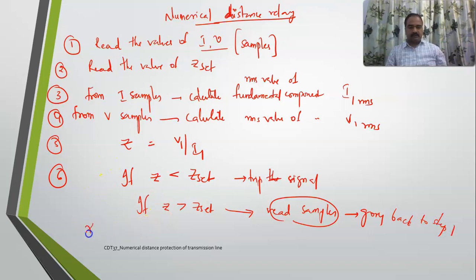Understood? Better you take this one first and next you take that one, because the Z set value will not be changing unless you require. Normally only the samples will be changing. So this one you take up, this one you take as the second one. If you feel that Z is less than your Z set, trip the signal and then you stay silent. This is how you should implement a numerical distance relay.